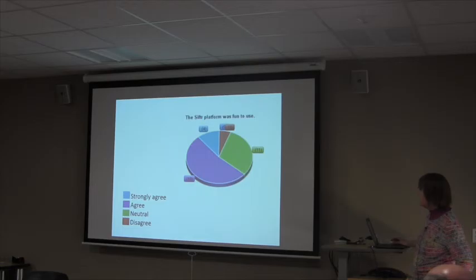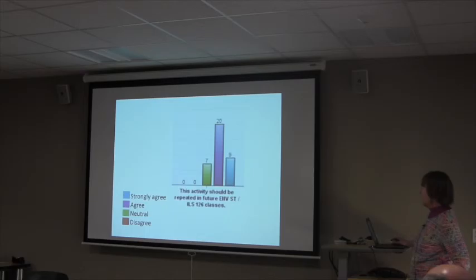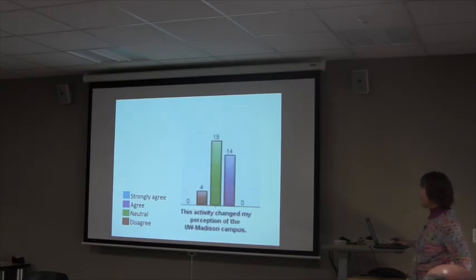And then it helped me become more aware. The graph is shifted toward the strongly agree. It should be repeated. Good, because I'd like to do it too. And it changed my perception. Nobody strongly agreed, but they're in the right direction.